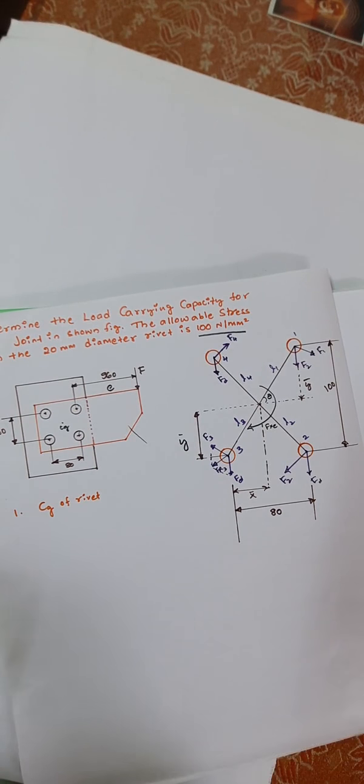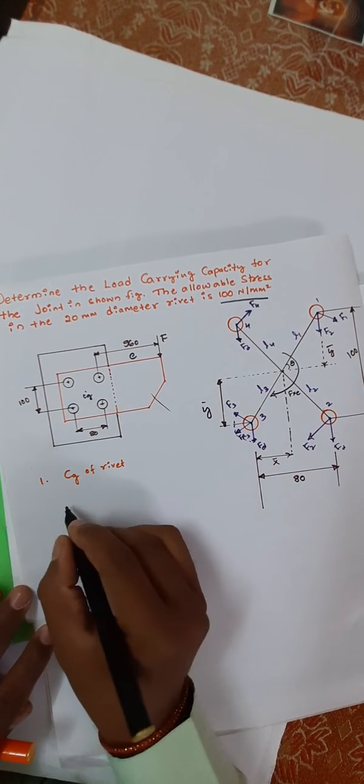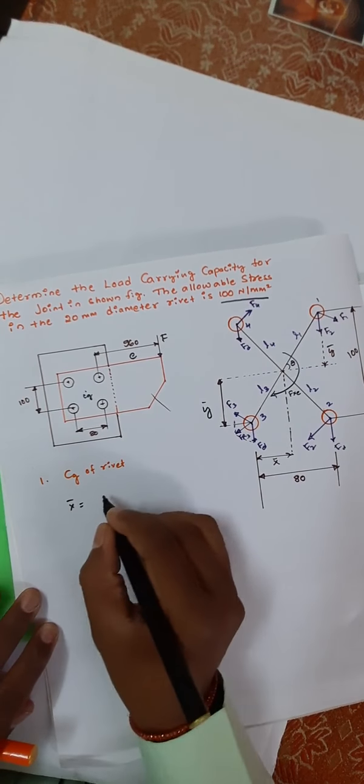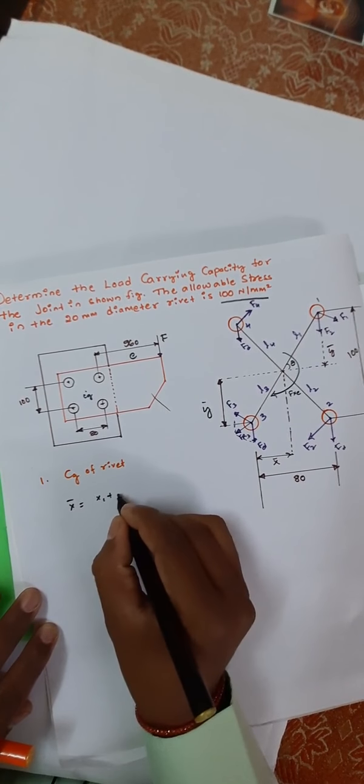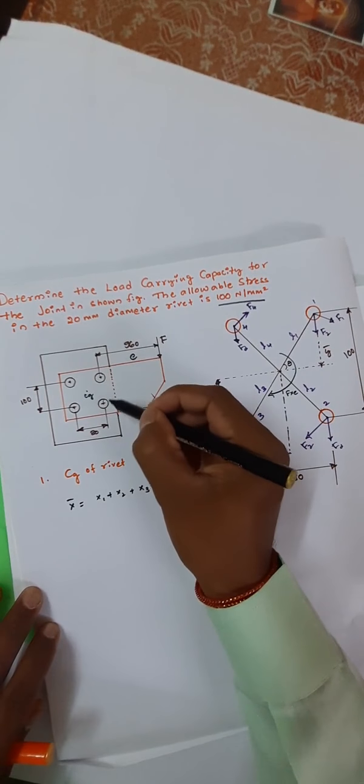Now we need to find the CG of the rivets. For that, we determine x bar. X bar is equal to x1 plus x2 plus x3 plus x4 divided by the number of rivets, because here we have 4 rivets.